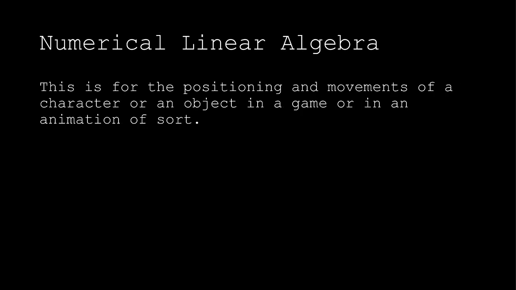Numerical linear algebra. This is for positioning and movements of a character or an object in a game or in an animation of sorts. So when you're walking, running, or when you want to put something in the world, you will use numerical linear algebra. Optimization.